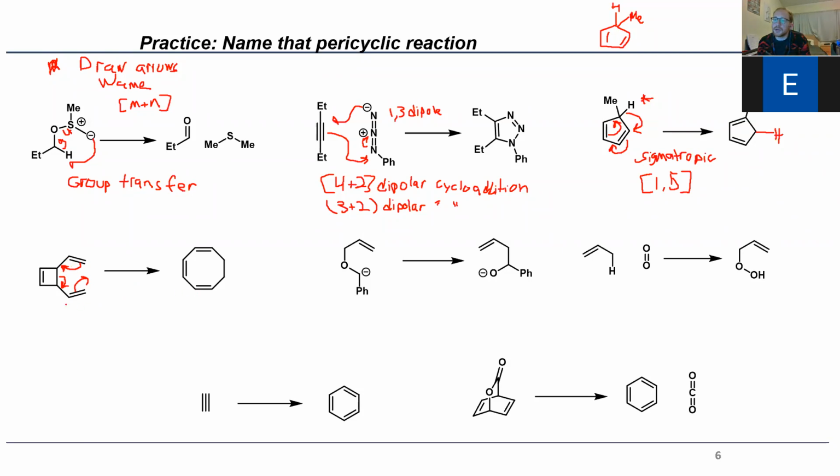And so the arrows would look like this, and this could be a 3,3 sigmatropic rearrangement. It's 3,3 because what is migrating here is an allyl group, and it's traveling across another allyl group. So 3,3 sigmatropic rearrangement.